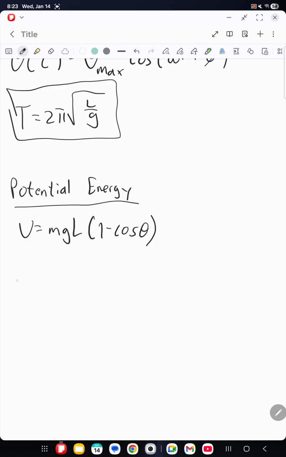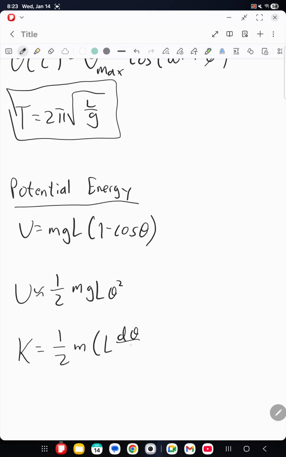If you want, for small angles, you could approximate it to be 1/2 mgl theta squared, and its kinetic energy will be 1/2 m L times the first derivative of theta, which is speed basically, the angular velocity, squared.